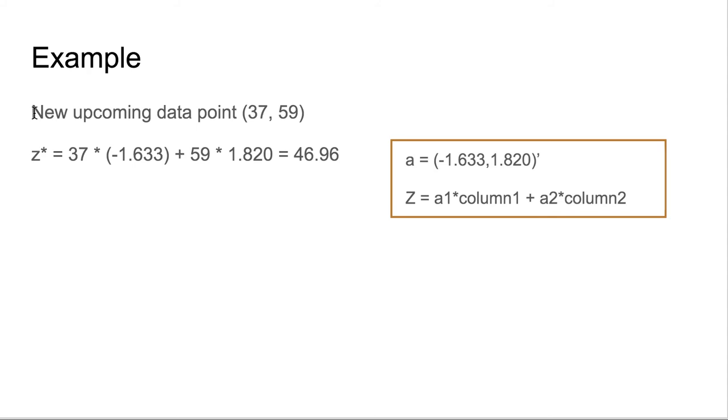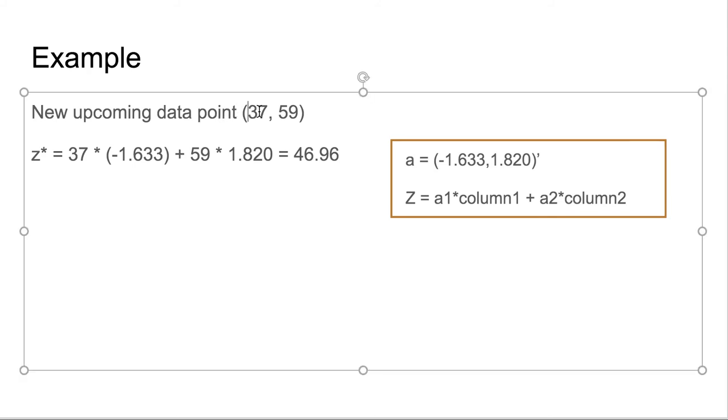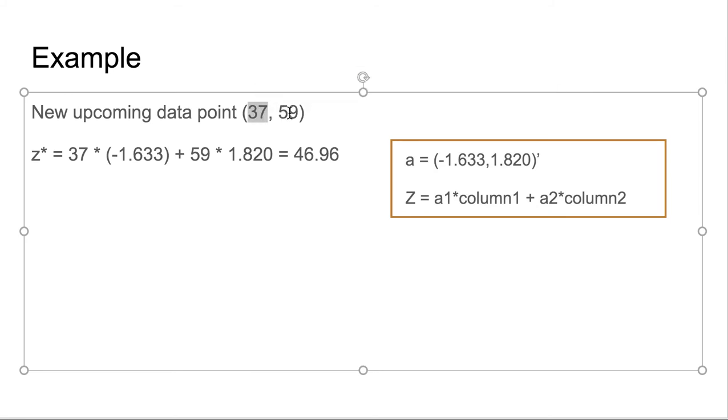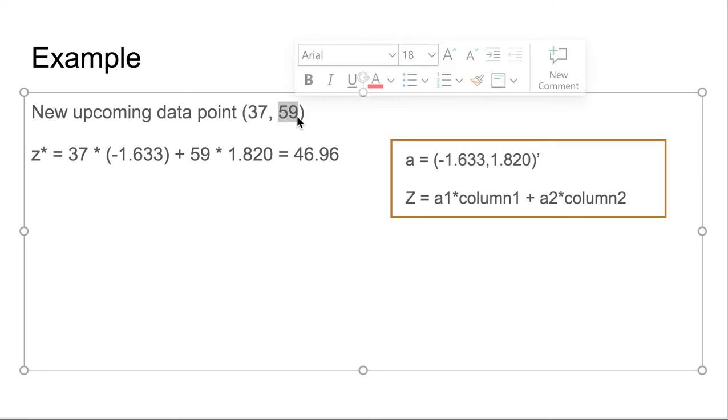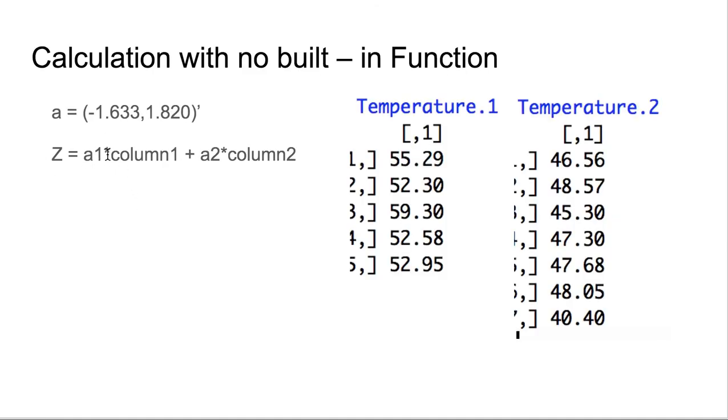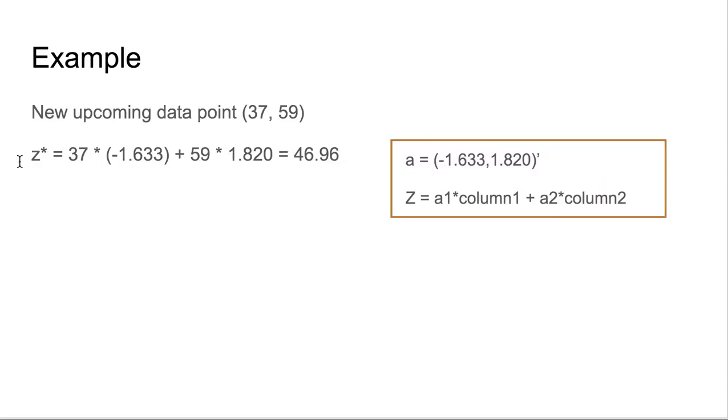And then if there's a new upcoming data point, that is 37 for the first column and 40 and then 59 for the second column, we want to use the previous formula to calculate the z star for the new upcoming data point. Still use A1 times column 1 plus A2 times column 2. And the z star looks like that.